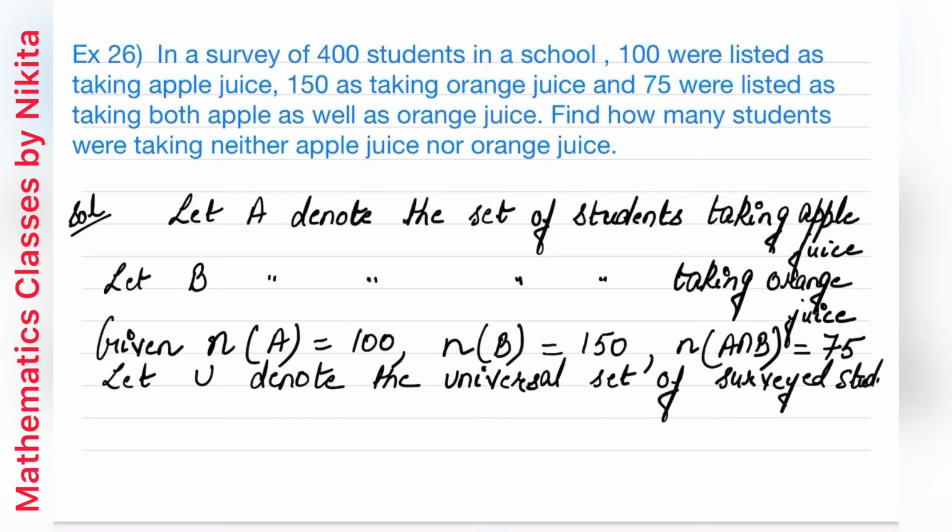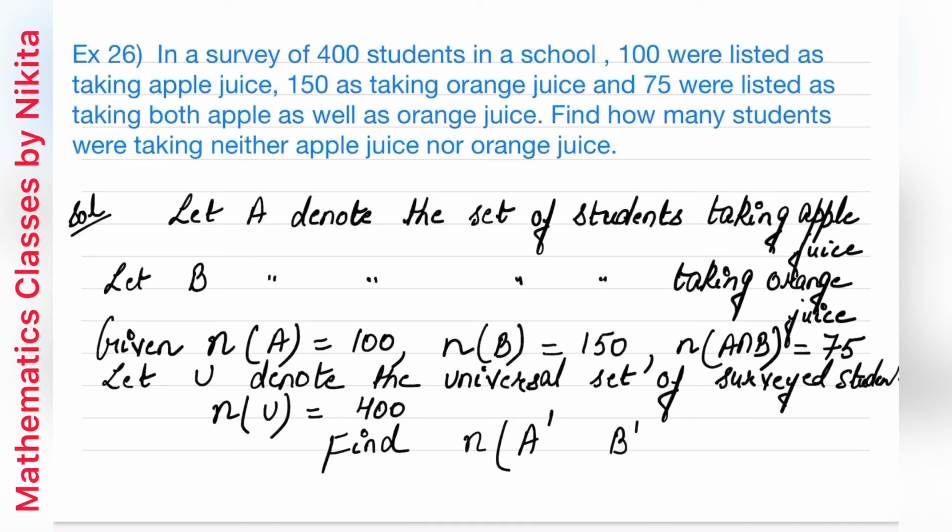So this is my universal set, and it is given that n of U is equal to 400. And what you have to find? You have to find the number of students taking neither apple juice. So that means n of neither apple juice means A complement nor orange juice. Okay, so nor orange juice means B complement.